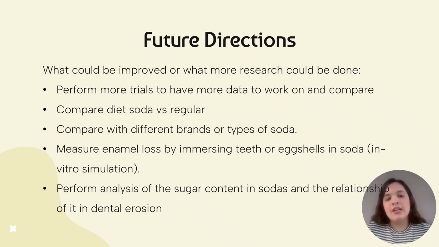Also, compare diet soda versus regular, to see if there's a difference related to acidity, compare different brands or types of soda within the same brand, measure enamel loss by in vitro simulation, by immersing teeth or eggshells, which could be really interesting, and analyze the sugar content in soda to see if there is also a relationship between sugar and dental erosion, not only acidity.